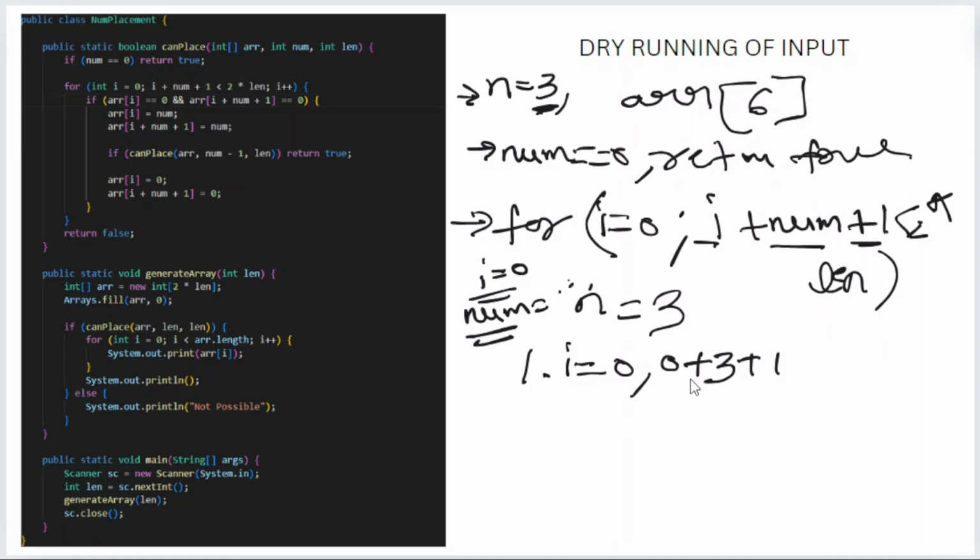For example, if i equal to 0, we'll try to place the 3 at the first index, and then the second instance of the 3 will be 3 elements apart from the first instance. So this will determine the position of the second instance of the element, and this should be less than the total length of the array.